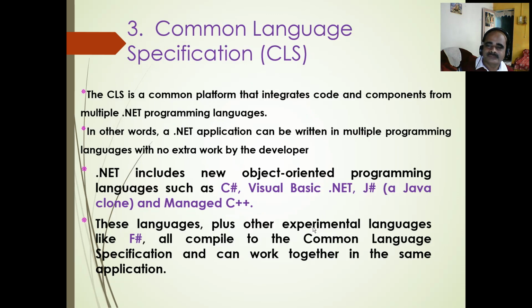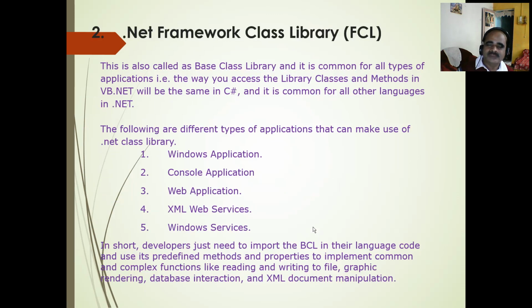So to discuss the second component of the .NET framework, that is the class library. So what about the class library? This is also called the base class library, and it is common for all types of applications. That means you may use VB.NET or C#.NET or JavaScript.NET, any kind of language.